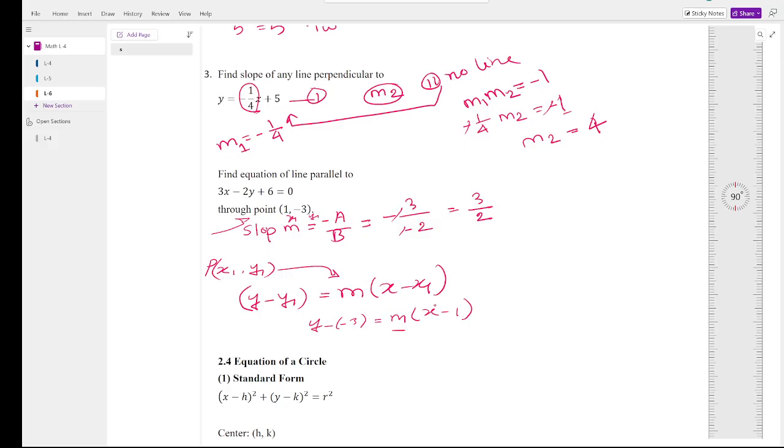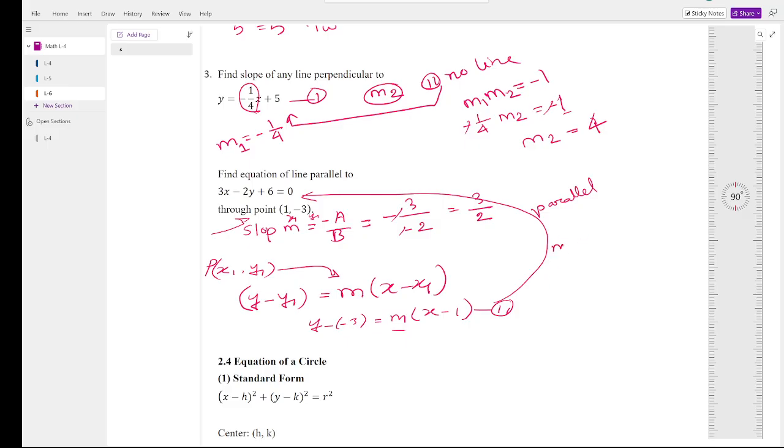They told us to find the equation of a line parallel to this line. So this equation is parallel with this equation, so their slopes are the same.